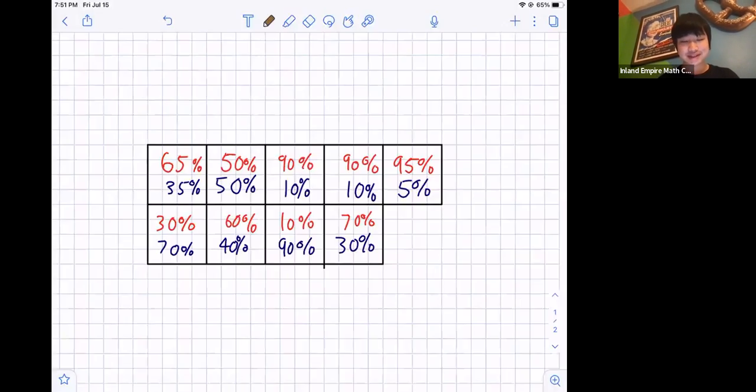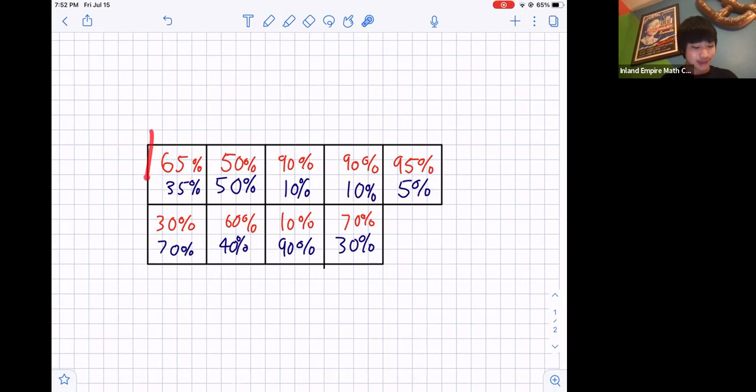We have all of these squares where you have mixes between the red party and the blue party. So in this case, we have 65% over here, and we have all of these mixes.